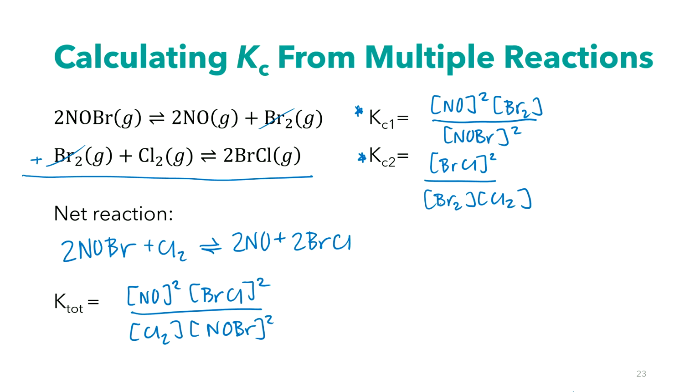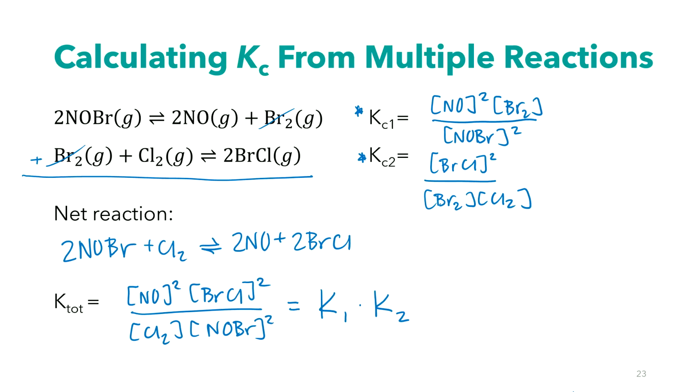Okay? What I notice is that when I add together two reactions, I will get a new equilibrium constant that is the product of the two individual reactions. So my new K total is K1 times K2.